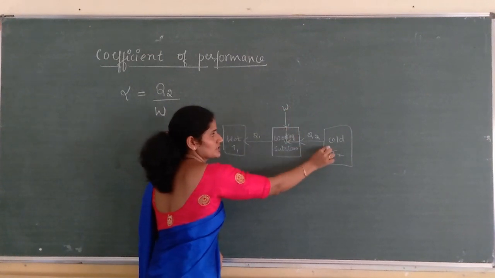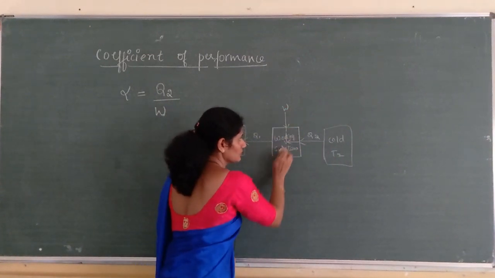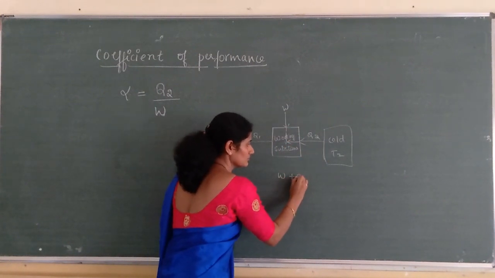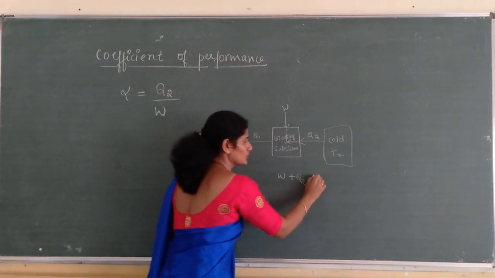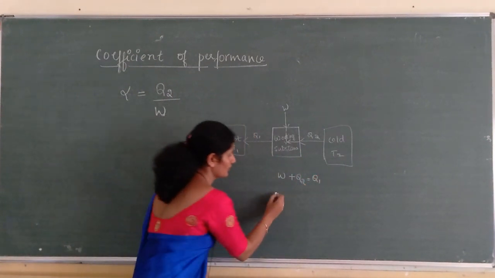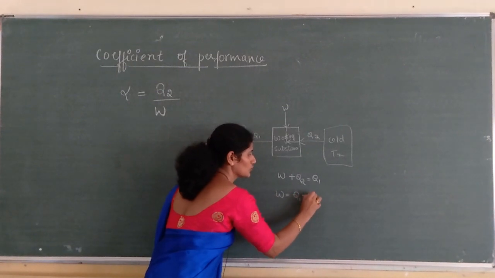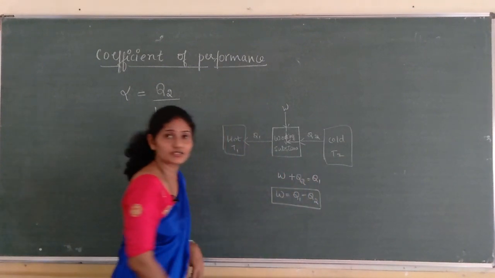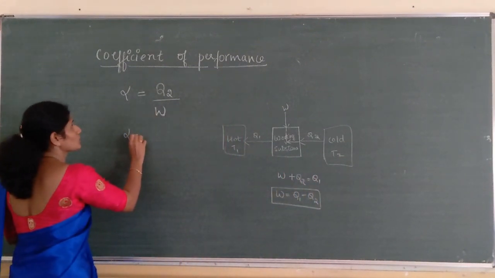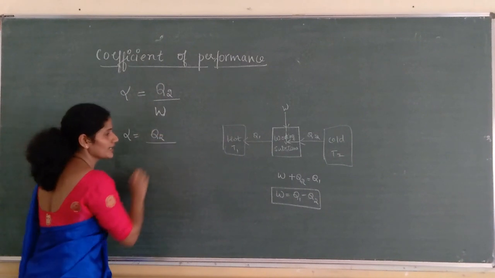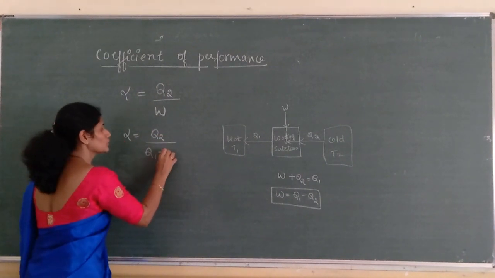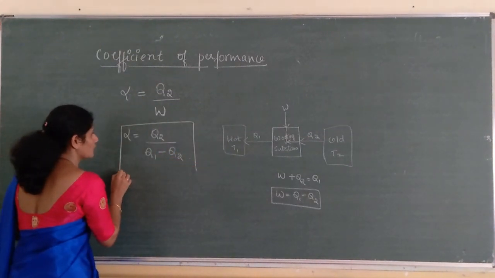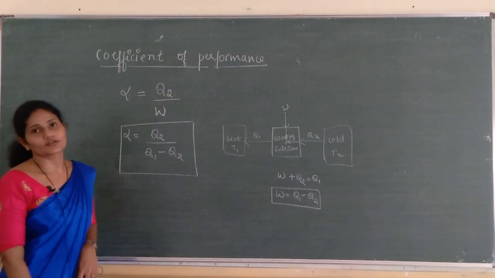This is the input. So, W is equal to Q1 minus Q2. So, alpha is equal to Q2 divided by W, where W is Q1 minus Q2. So, this is the expression for coefficient of performance of refrigerator.